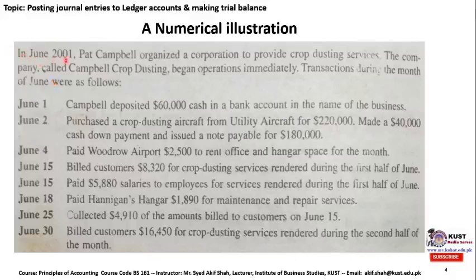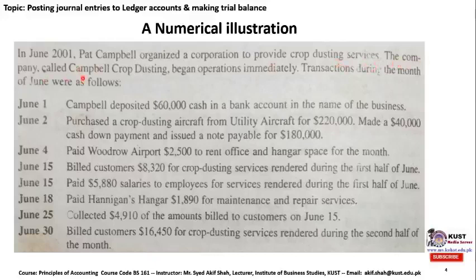In June 2001, Pat Campbell organized a corporation to provide crop dusting services. So here we have a person named Pat Campbell who is going to form a business organization as a company in June 2001 to provide crop dusting services to clients.